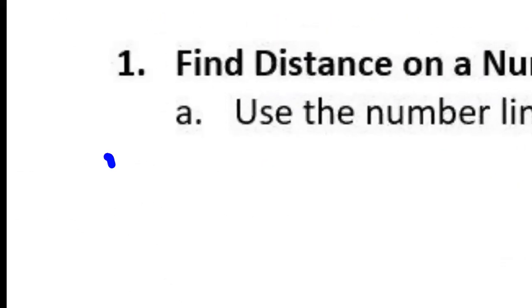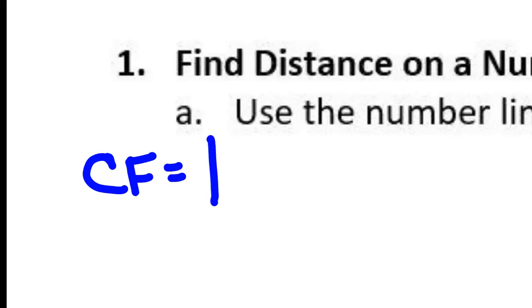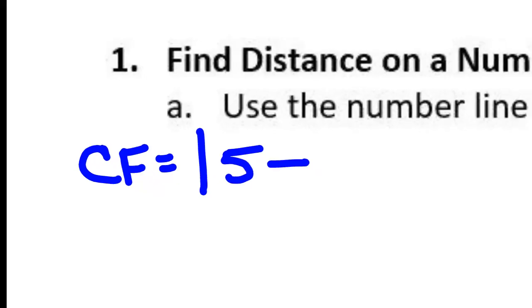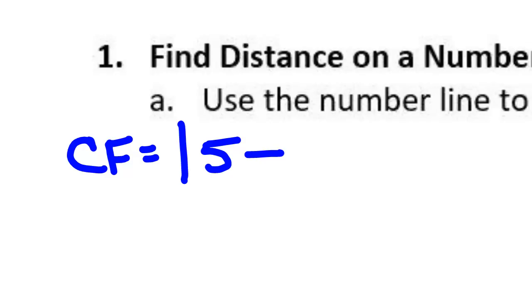So the distance or the length from C to F is equal to the absolute value of x2, which is 5, minus my x1. What is x1? -1. So I'm going to put that inside parentheses so that it doesn't get confused with my subtraction symbol.